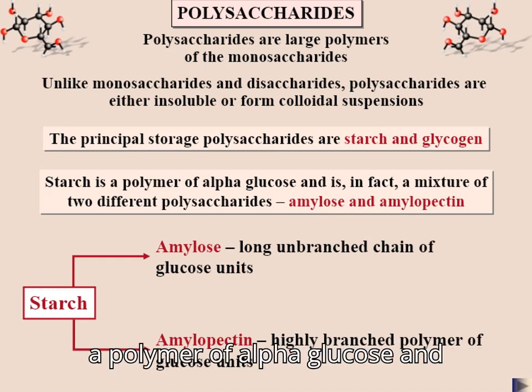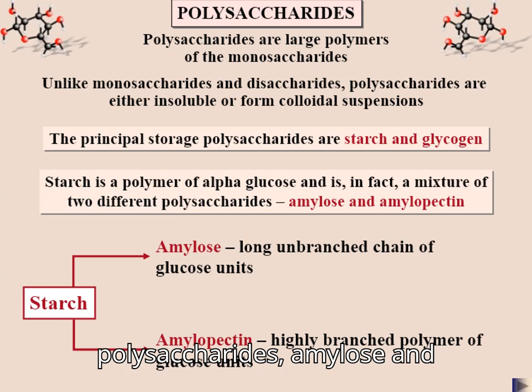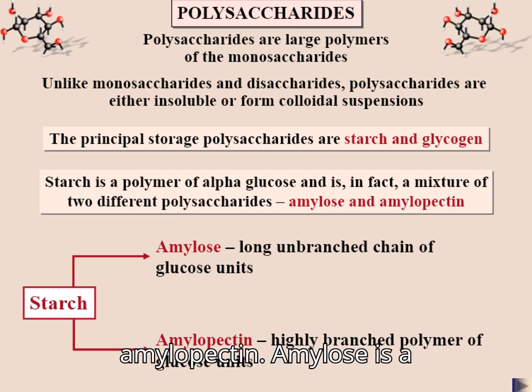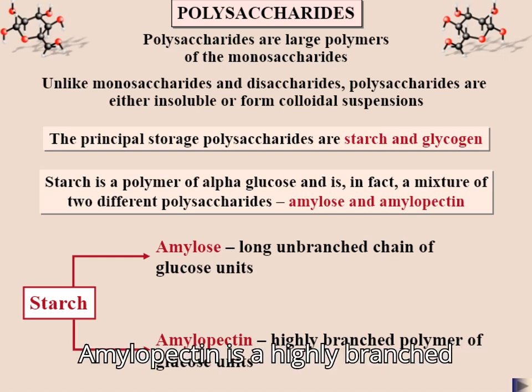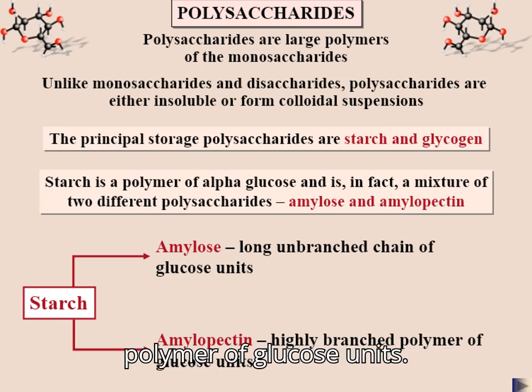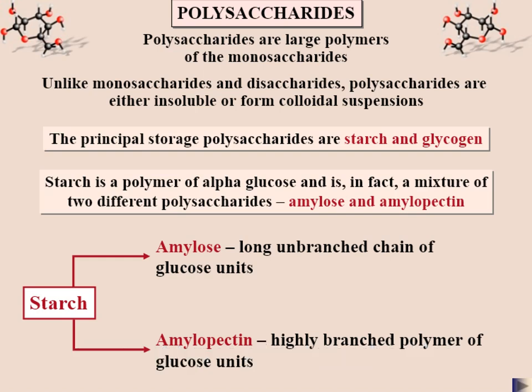Starch is a polymer of alpha glucose and is in fact a mixture of two different polysaccharides, amylose and amylopectin. Amylose is a long unbranched chain of glucose units. Amylopectin is a highly branched polymer of glucose units.